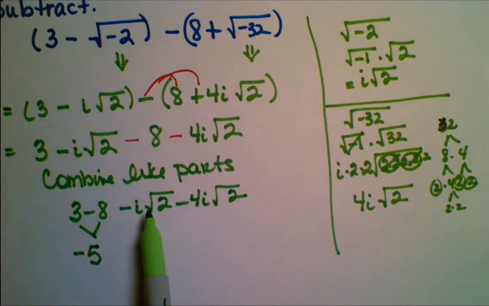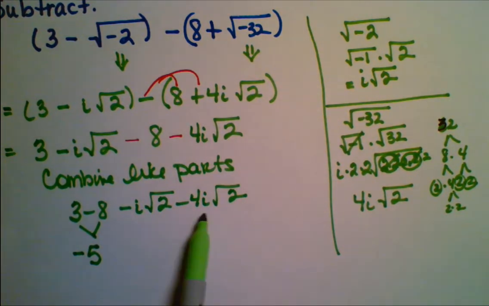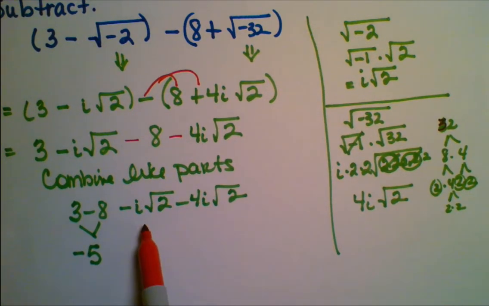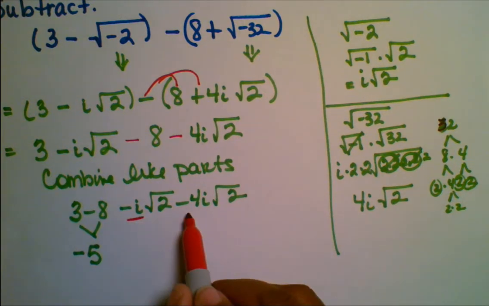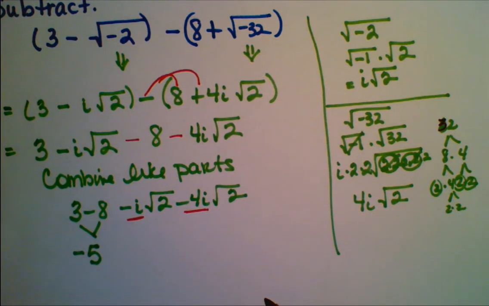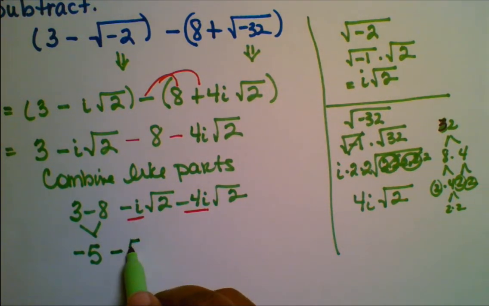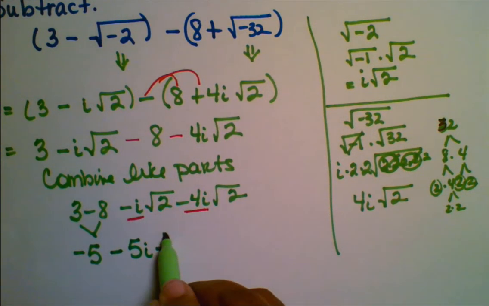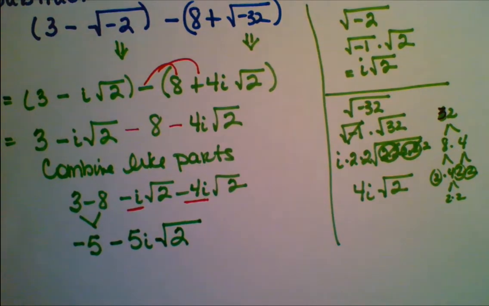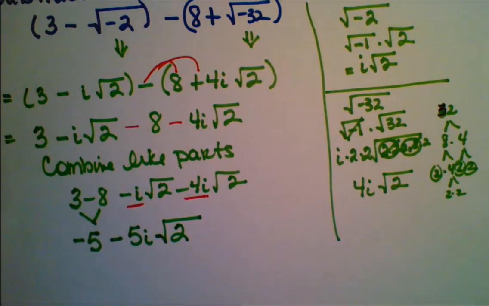Now, this last part, the imaginary part, well, we have radicals after that. That's okay. This just happens to bring the concepts of like radicals together with the imaginary unit. But we're going to look at the negative i and the minus 4i. That would give us minus 5i. And remember, with like radicals, we keep the radical. So this is our solution.